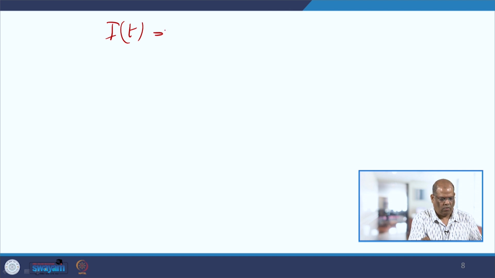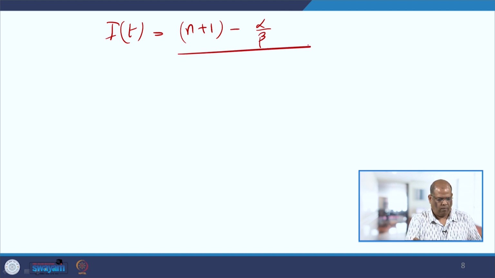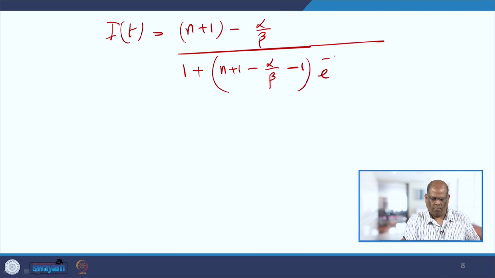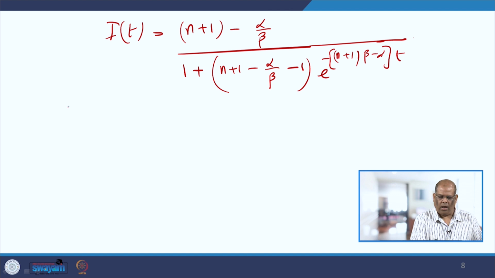I get I equal to (n plus 1 minus alpha by beta) divided by 1 plus (n plus 1 minus alpha by beta minus 1) e to the power minus (n plus 1) times (beta minus alpha) into t. And I know that St is equal to n plus 1 minus It.